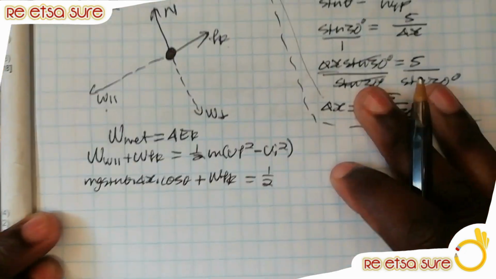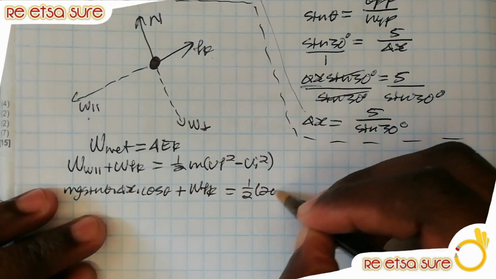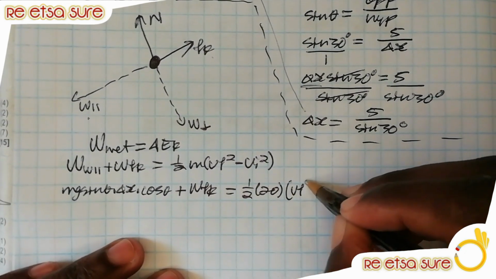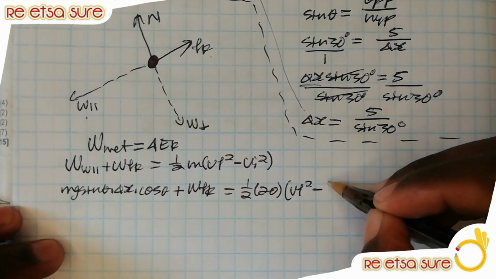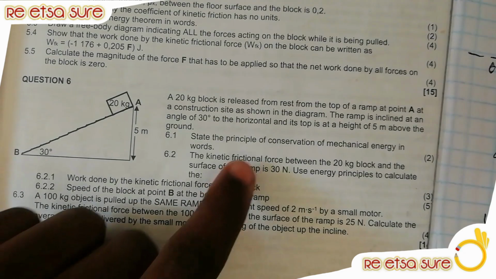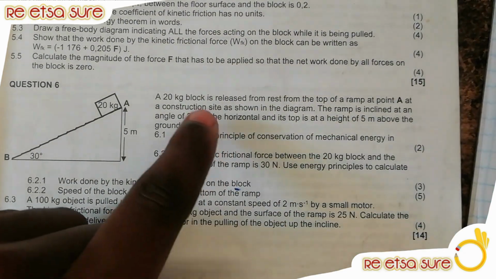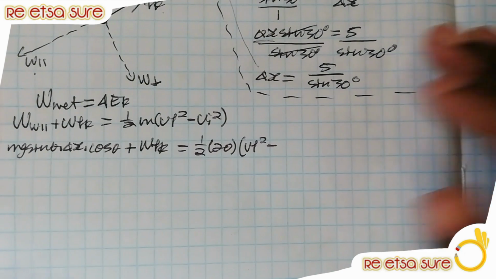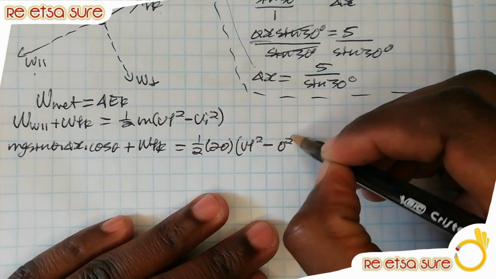Then 1/2, the mass of our object is 20. Now the v final, that's what we're looking for, so we leave it as is. Our v initial was 0 because they told us that our object is released from rest. So our v initial is 0 squared.